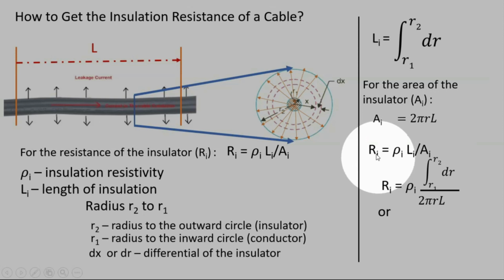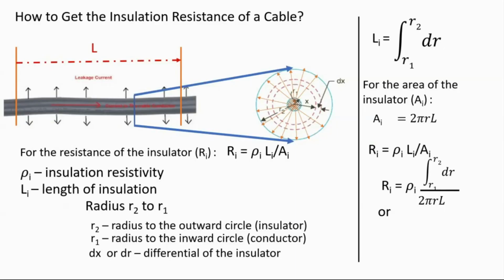Now using this formula, which is from the cable wire resistance, rho times L over A, we have here Ri, the insulator resistance, which equals rho i. Rho i is the resistivity of the insulator. This is dependent on the materials used in production.